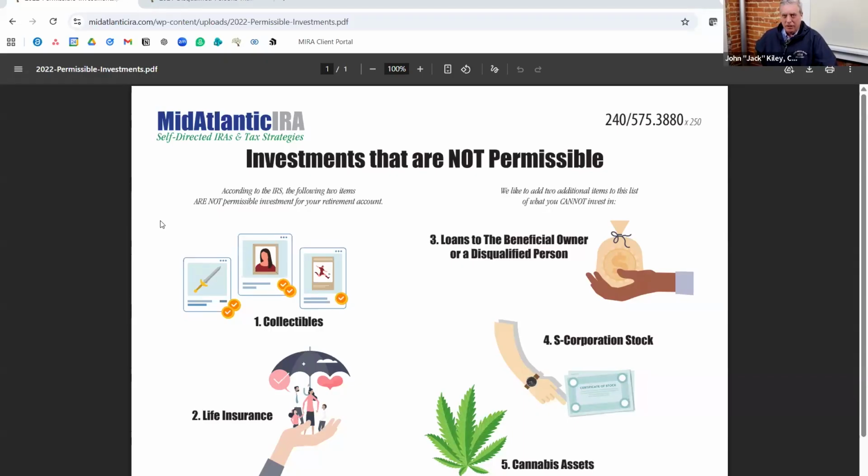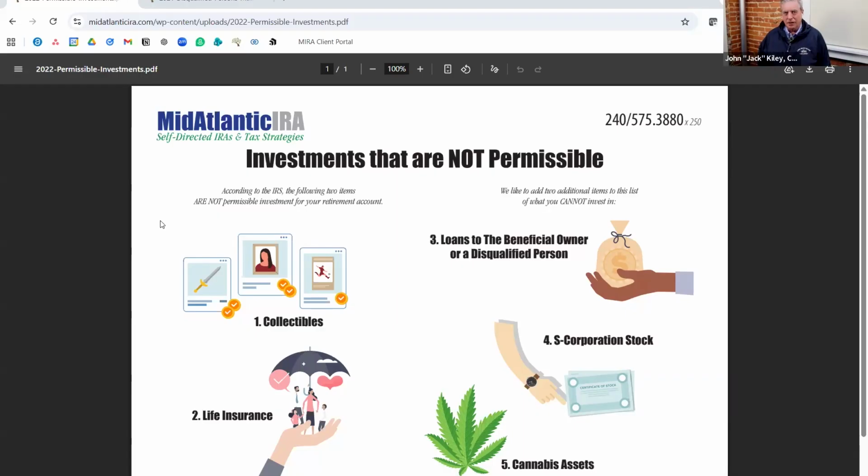So a lot of banks, regulatorily speaking, are not wild about cannabis investments. So that's, as I said before, kind of loosening up.